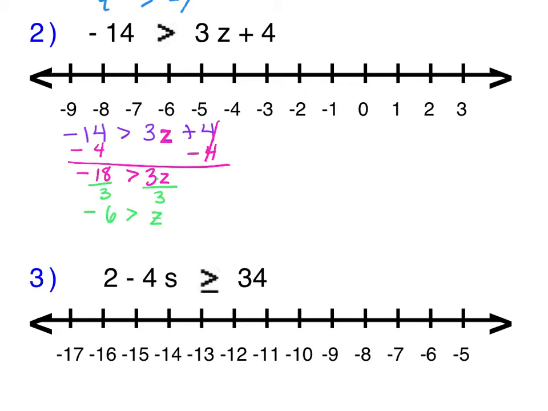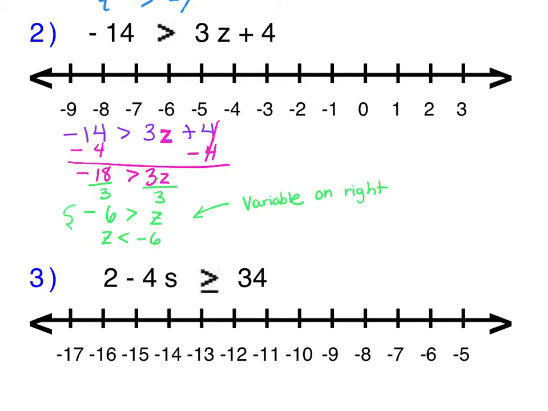Now, you've got to be careful with this because the variable's on the right, and it looks confusing, so the best thing is to move the variable to the left. The sign is always pointing to the variable, in this case z, so it'll point to z if I flip it: z is less than negative 6.